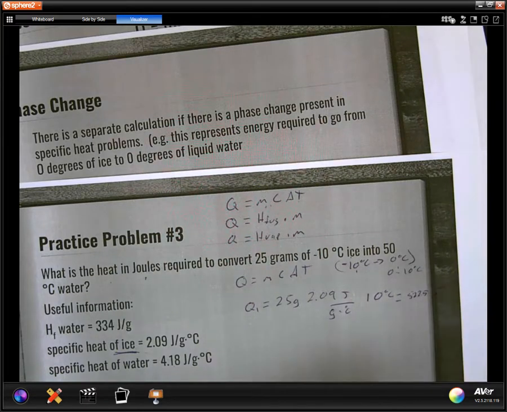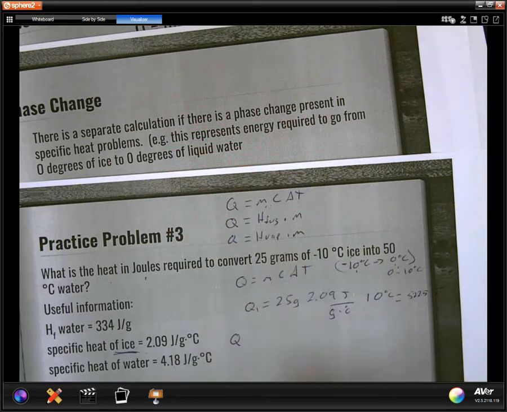This next one now is I have to calculate the heat of fusion, the heat from the phase transfer. So now, once I went from negative 10 to 0 degrees, I have to see how much energy I need to change it from ice, from solid, into liquid.